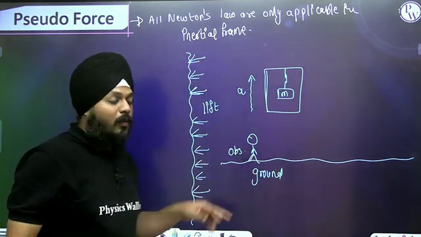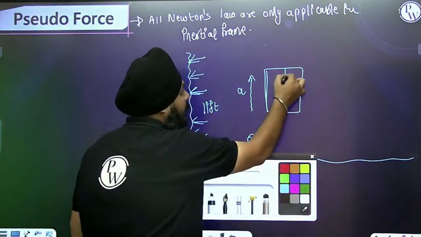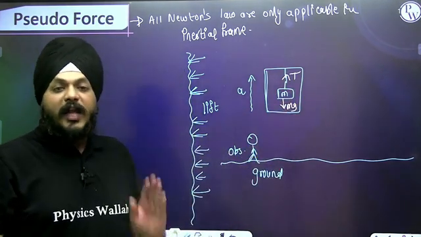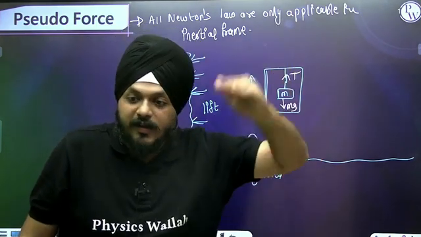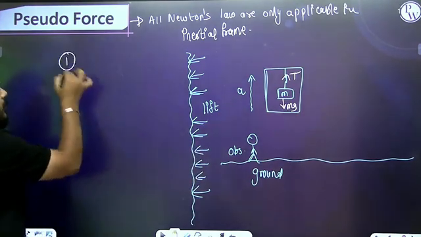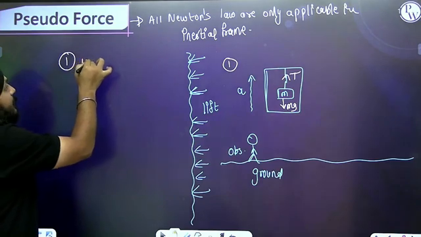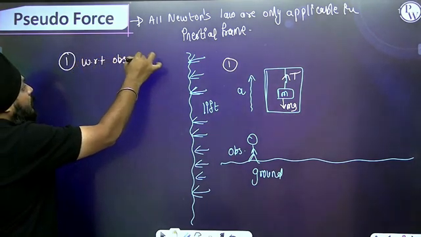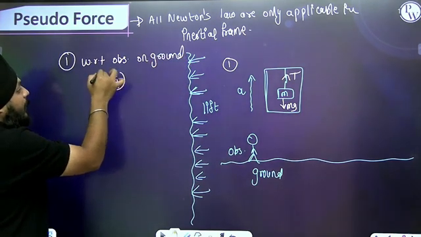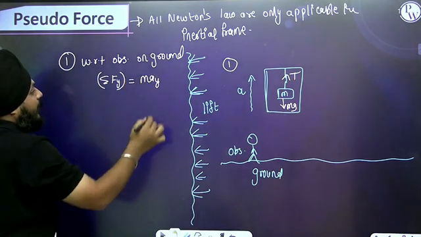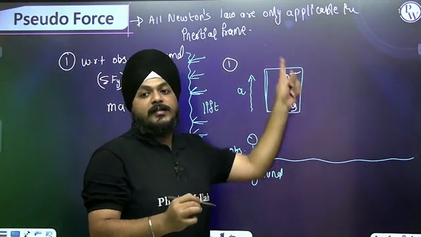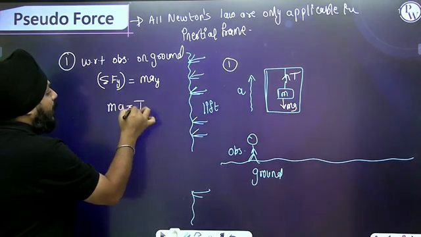For the observer on the ground, mark my words, the tension is acting in the upward direction and mg is acting in the downward direction. With respect to the observer on the ground, applying the equation of forces, net force is ma, in the direction of acceleration, higher magnitude minus lower.